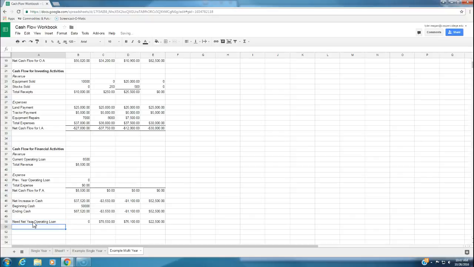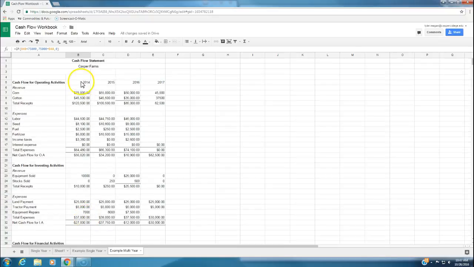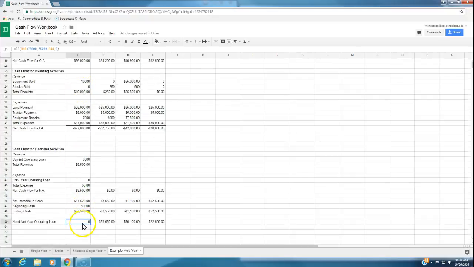So just like we've talked about before, the need for the operating loan in 2015 is 0. Because this is 2014, the need for the next year, which will be 2015, is 0.